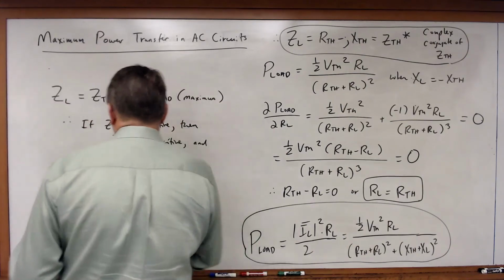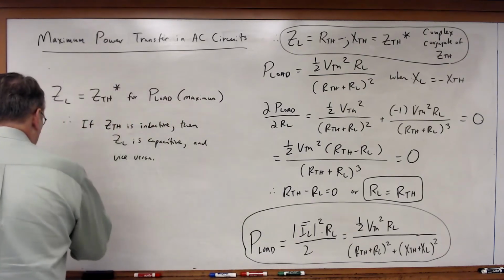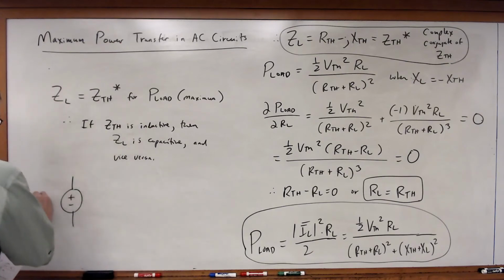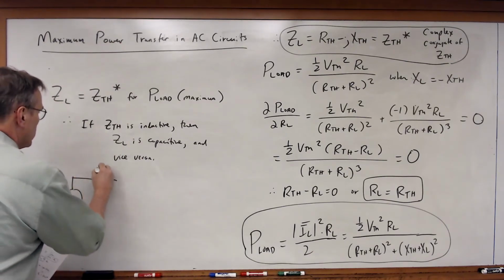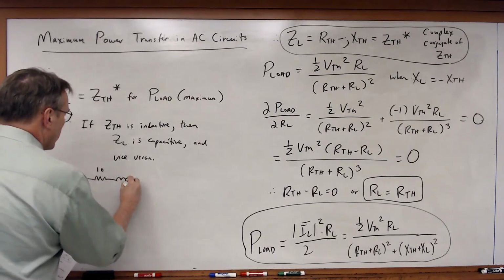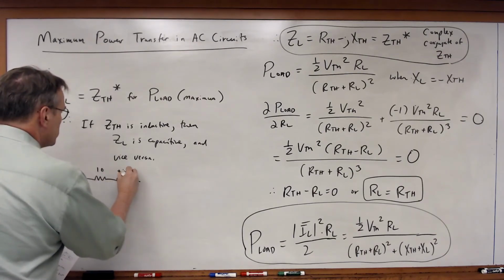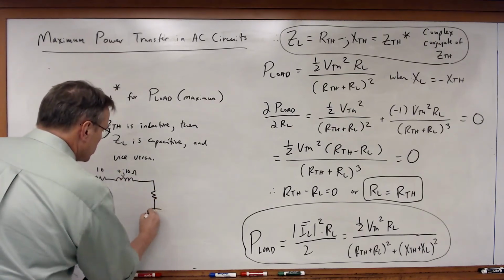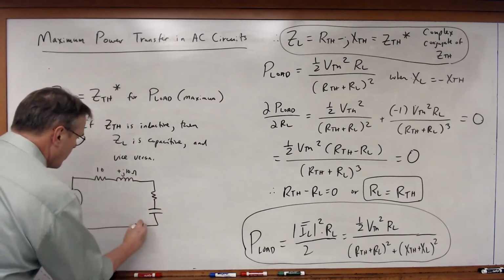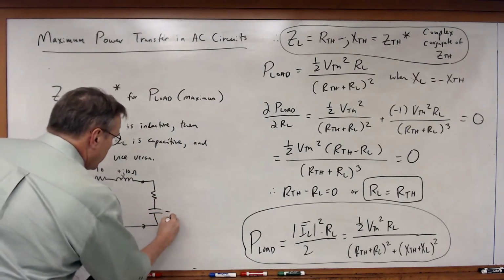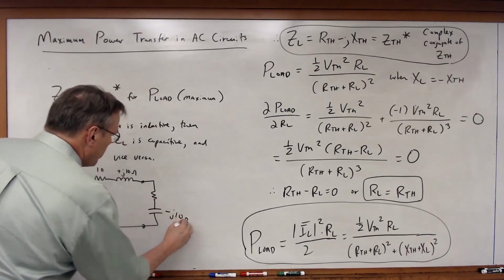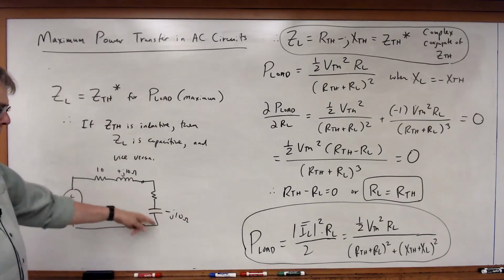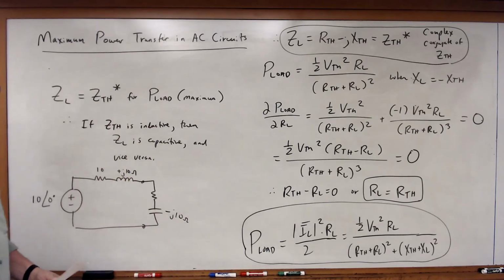So if, for example, we had a problem like this, where we had this was 10 at a phase angle of 0 degrees, and this was 10 plus j10 ohms, and we had an inductor, what we want is a load impedance where we take the plus 10 and the minus 10 and we add them together, and they're going to cancel each other out.